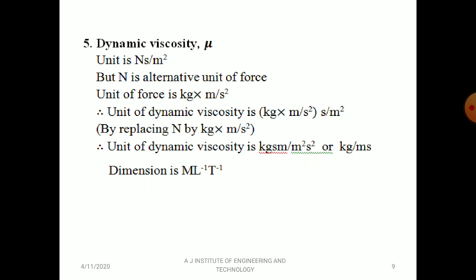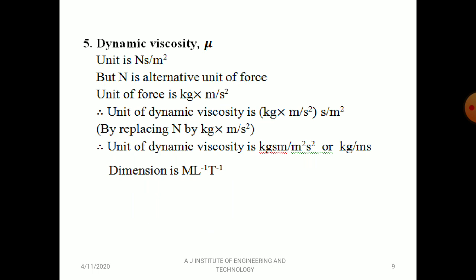Next, dynamic viscosity, that is represented by symbol mu, unit is Newton second per meter square. As we all know, Newton is the SI unit for force. Unit of force is given by the formula F equal to ma. For m it is kg, for acceleration it is meter per second square. So overall unit becomes kg meter per second square.